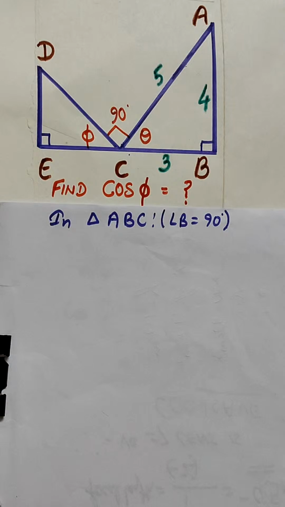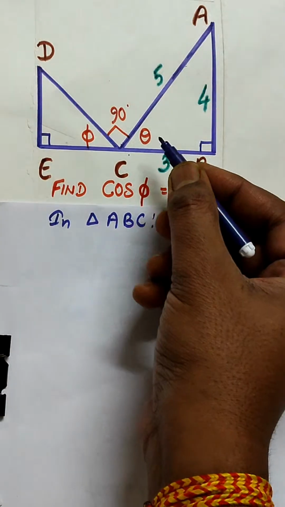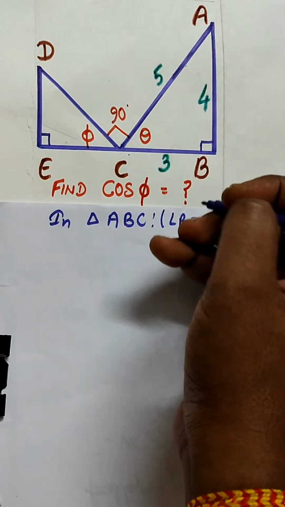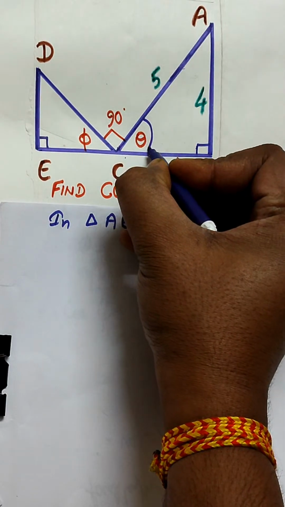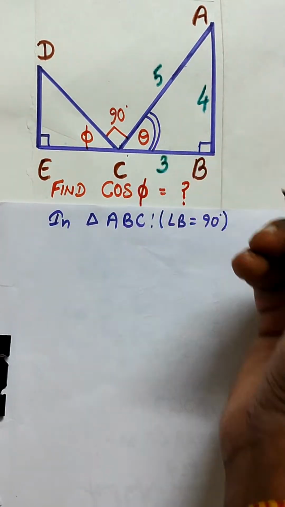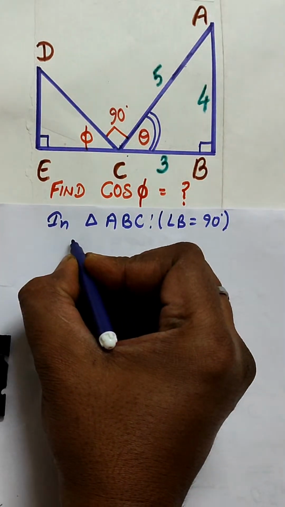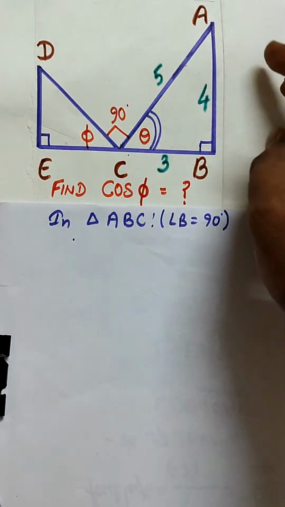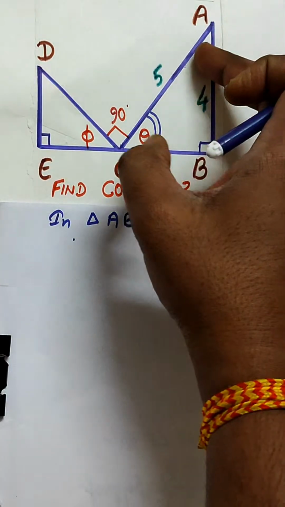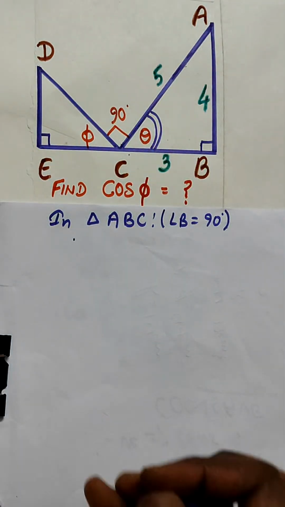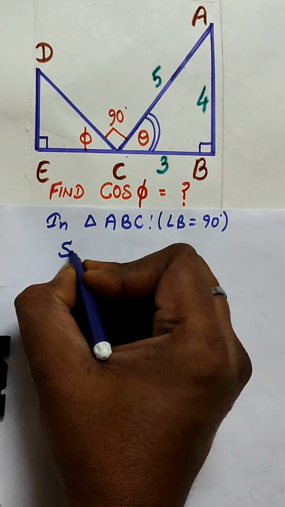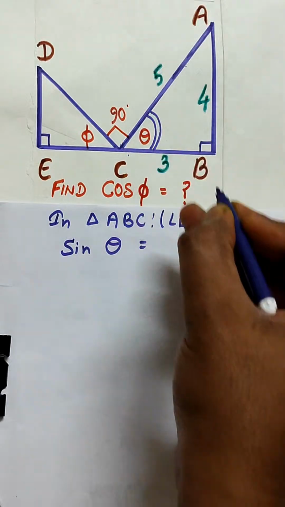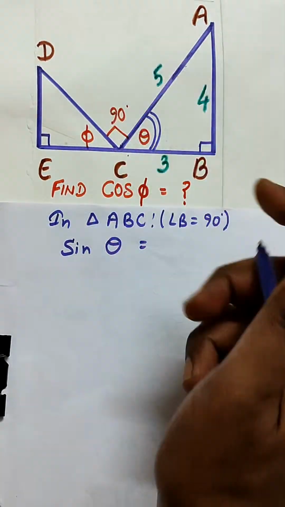If theta is this angle, then the side opposite to this angle, that means AB, will be the perpendicular and AC will be the hypotenuse. Then sine of theta is equal to perpendicular by hypotenuse, that means 4 by 5.